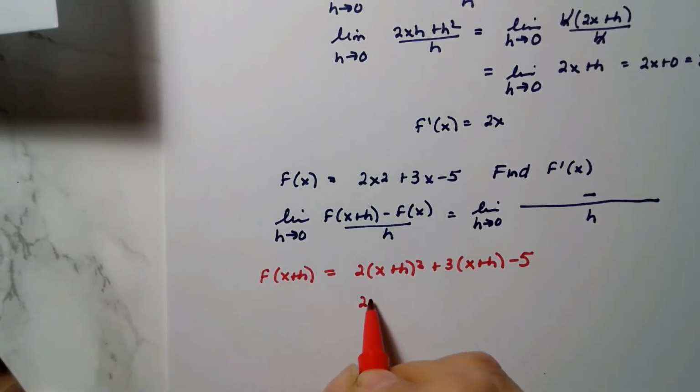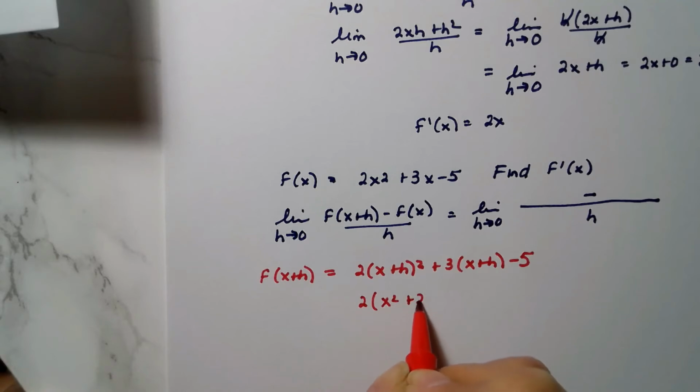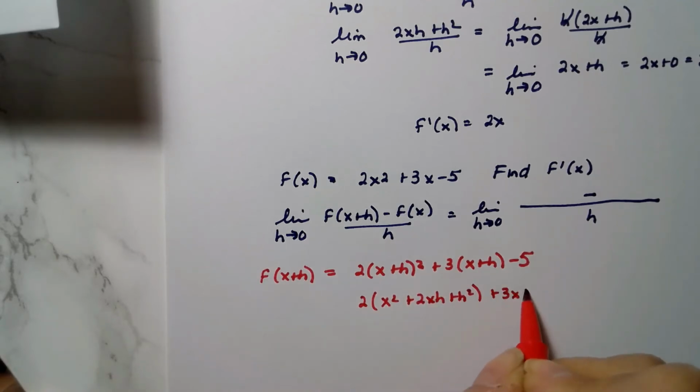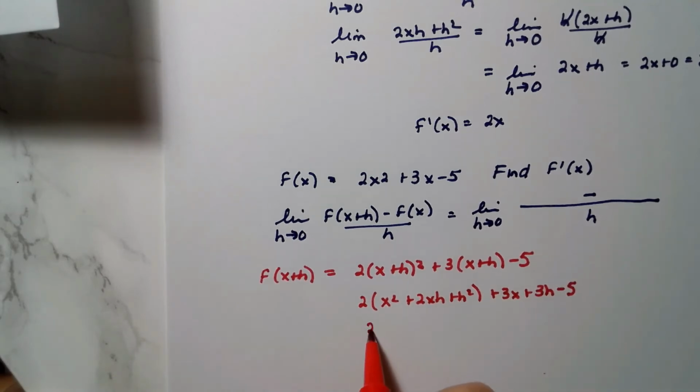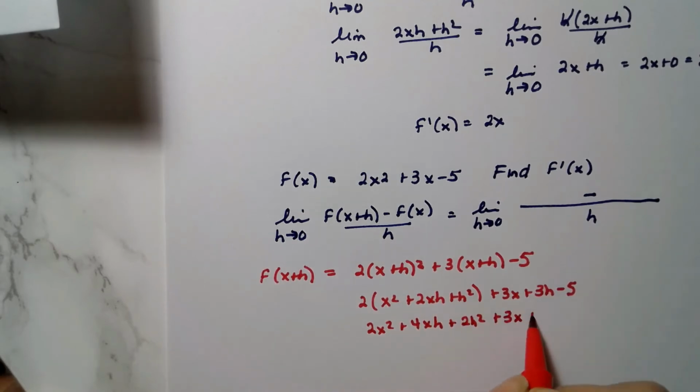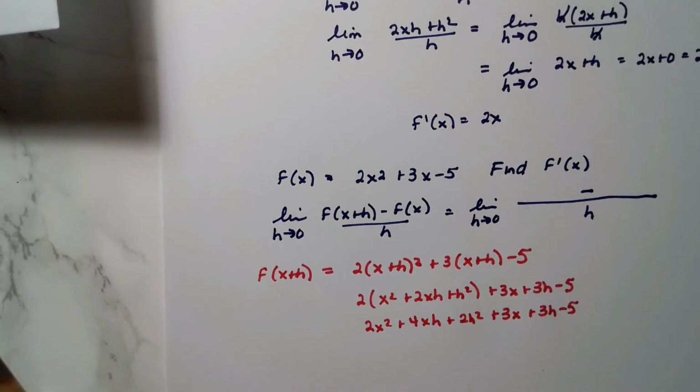That's going to be 2 times x squared plus 2xh plus h squared plus 3x plus 3h minus 5. And distributing, we're going to have 2x squared plus 4xh plus 2h squared. And now I can combine like terms if there's something there for me to combine, and there's not.